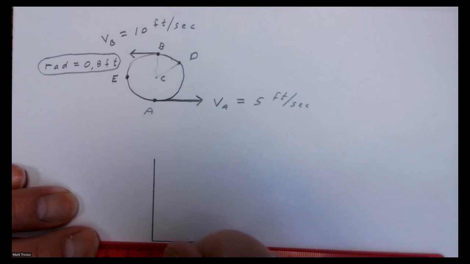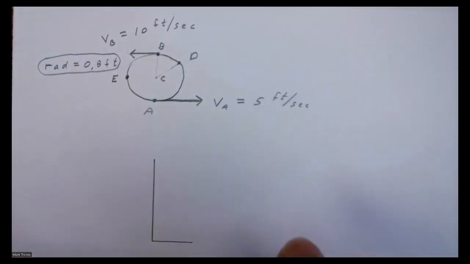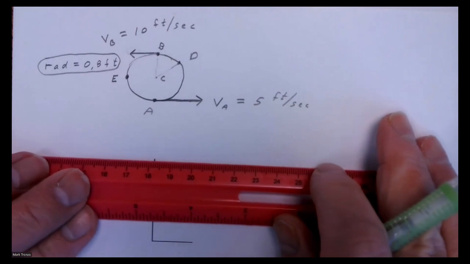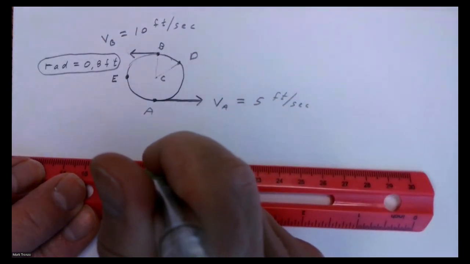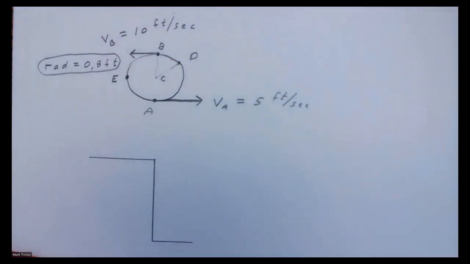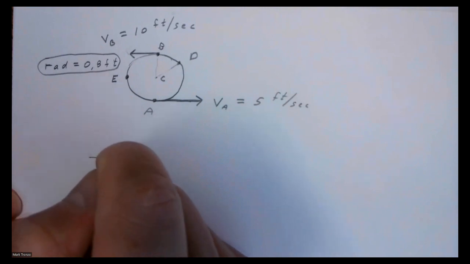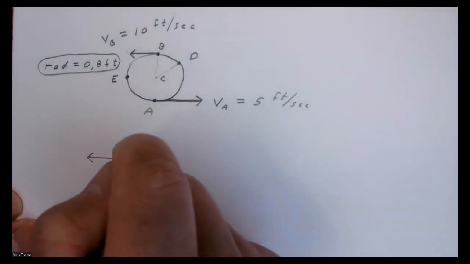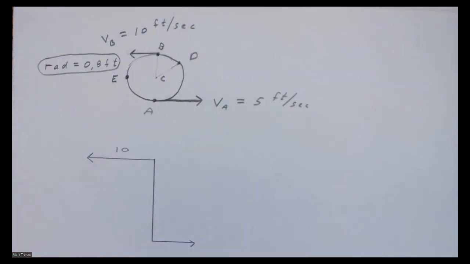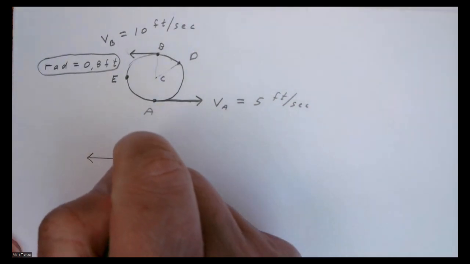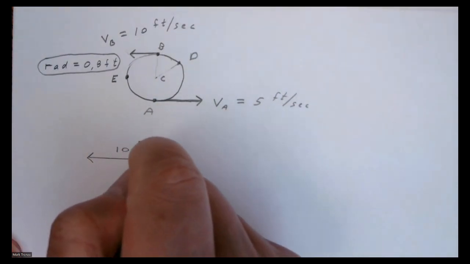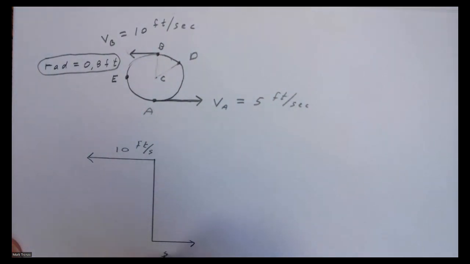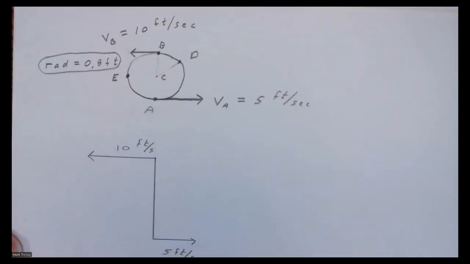Let's say this side would be the 5 feet per second, and this side would be the 10 feet per second, like this.